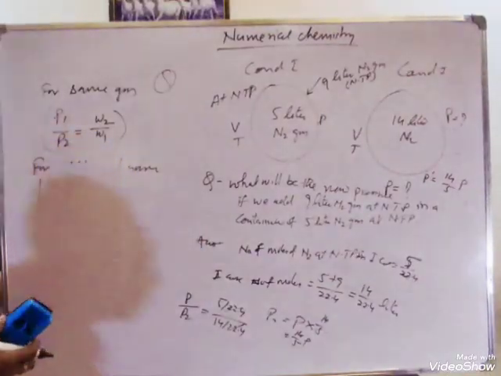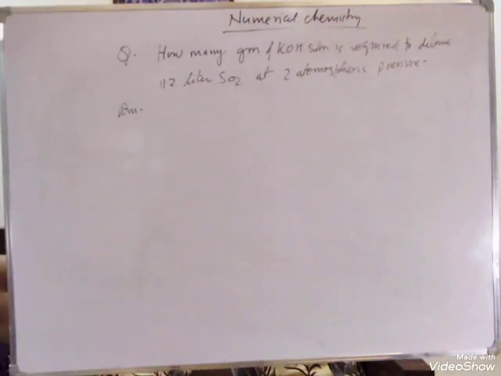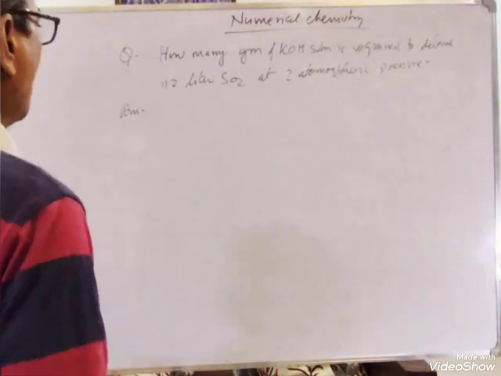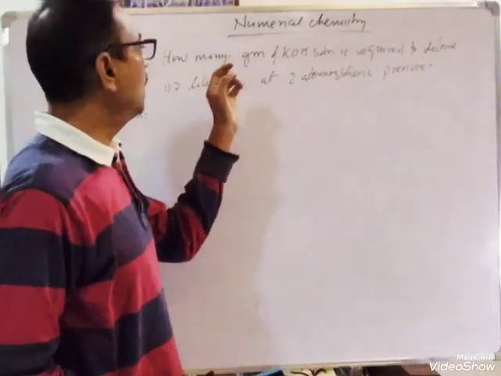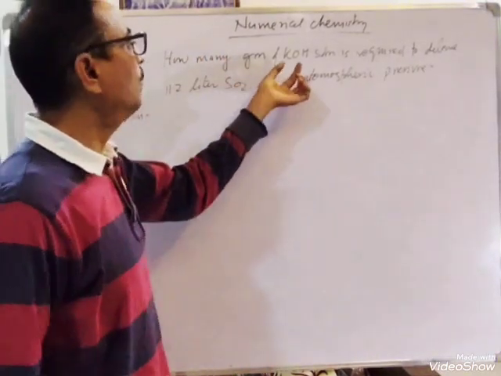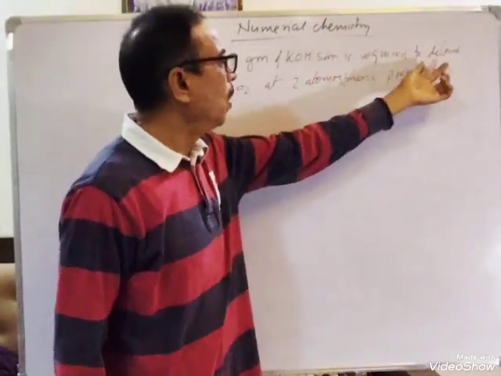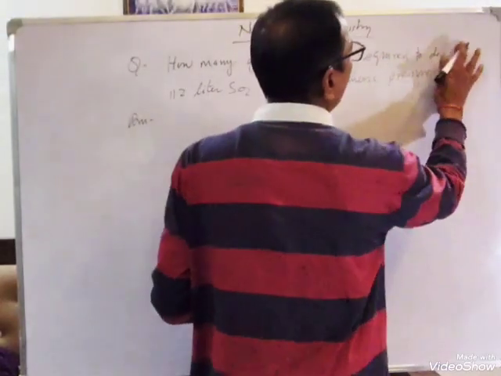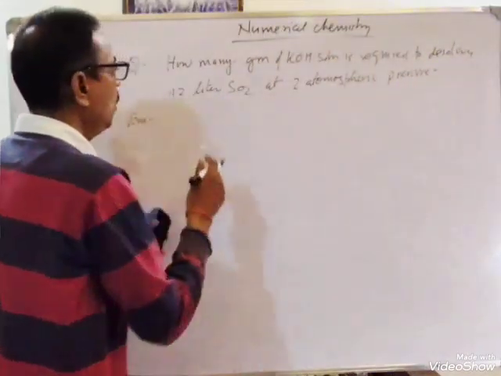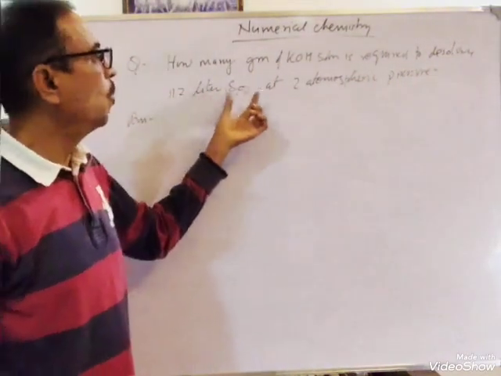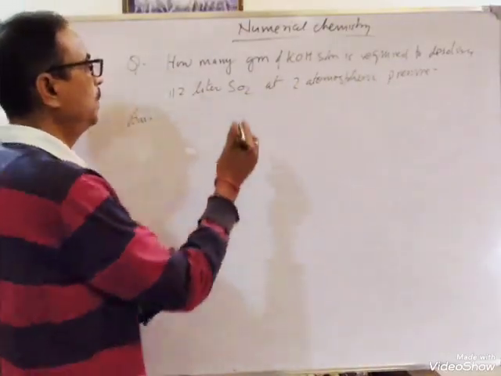Now we see one more example. Suppose we take one more example. How many grams of KOH solution are required to dissolve 11.2 liter of SO2 gas at 2 atmospheric pressure?